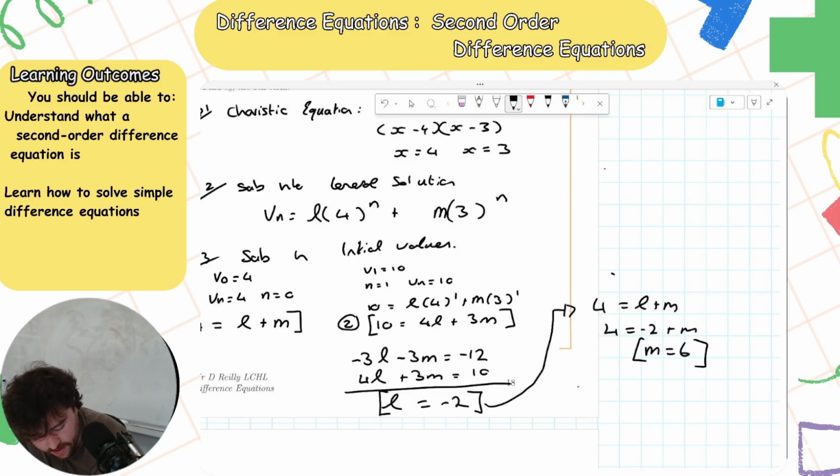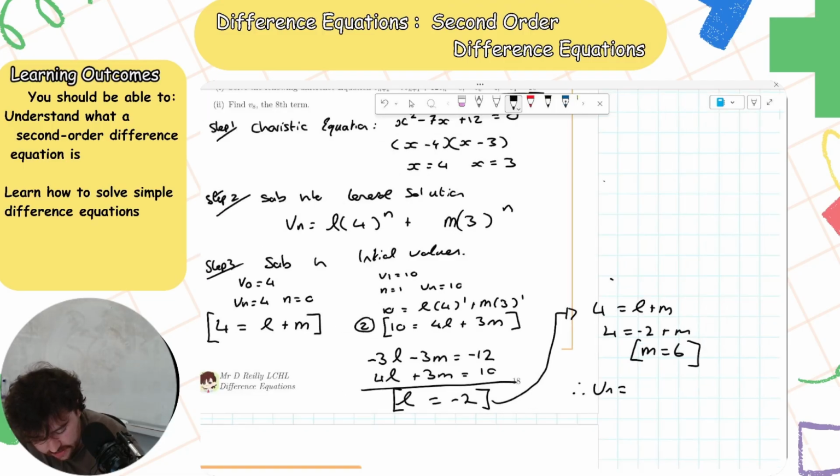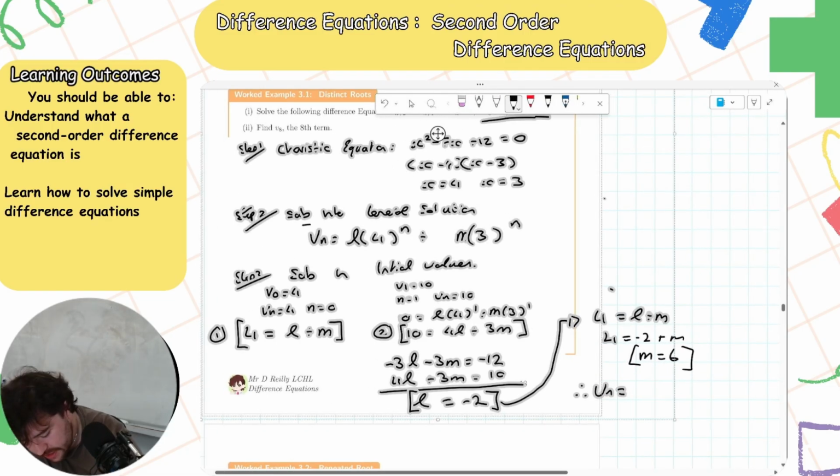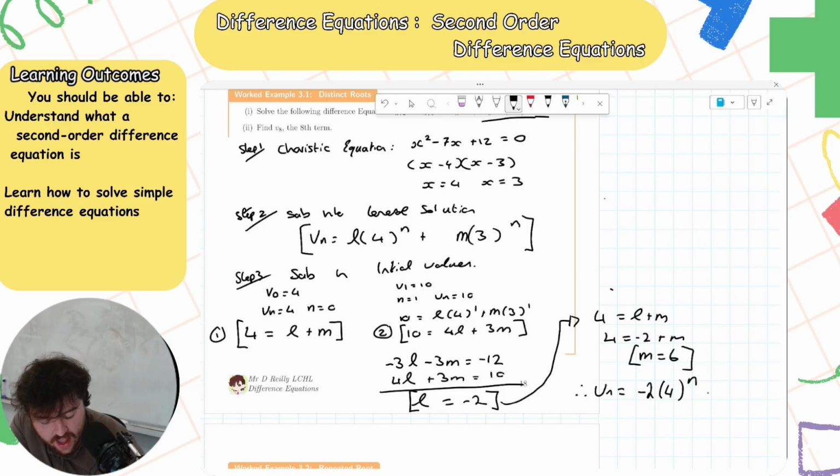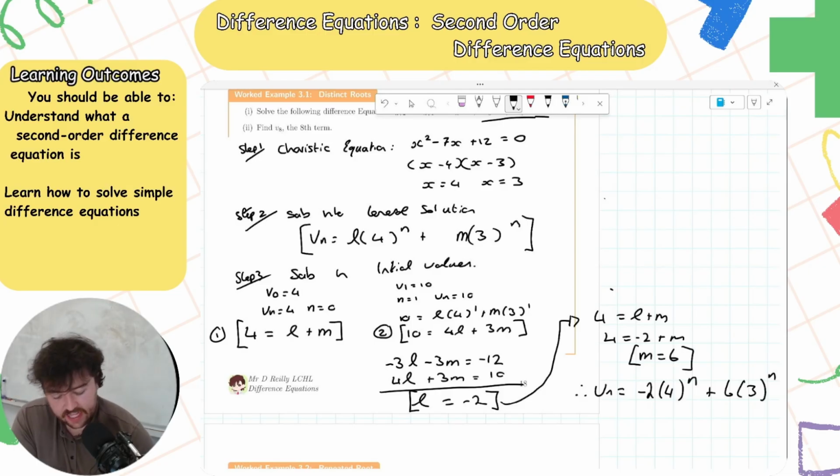So therefore, my general solution, sub it back all the way up here, is going to be minus 2 times 4 to the power of n plus 6 times 3 to the power of n. And that is my general solution there.